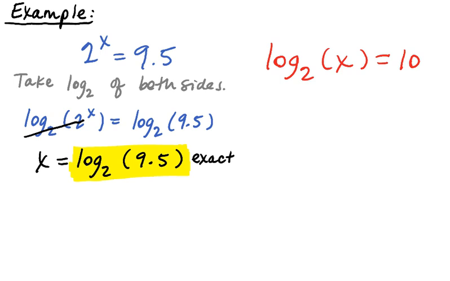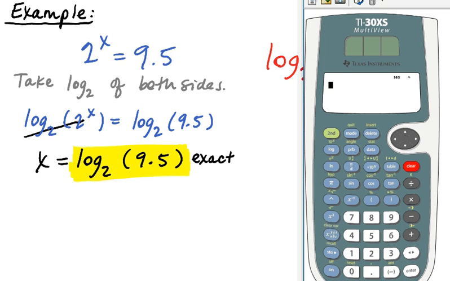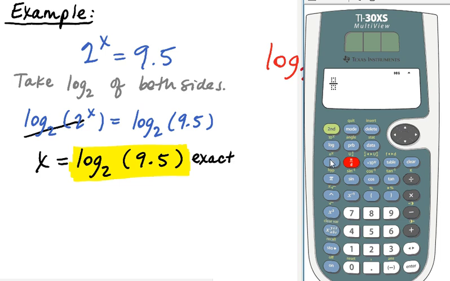So I'm going to bring in the scientific calculator over here, and I'm going to calculate log base 2 of 9.5. Remember that we do that by setting up a fraction bar. We can do either the base 10 log or the natural log; it doesn't really matter. 9.5 divided by the same type of log of the base.